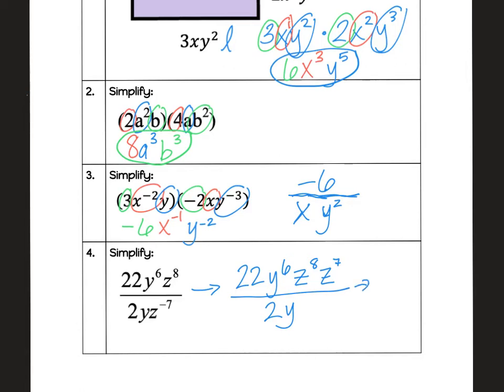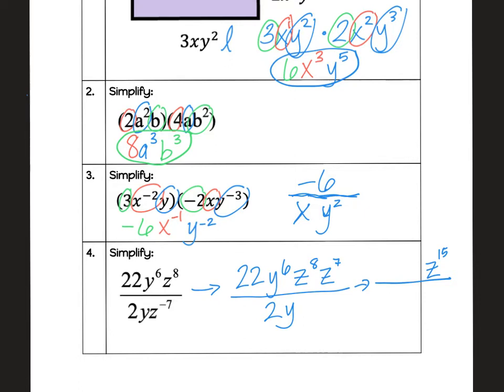So let's first combine our z's. So we're going to add those exponents. So 8 plus 7 is going to give me 15. So we're going to have z to the 15th. And then if I am dividing variables with exponents, I'm going to subtract.